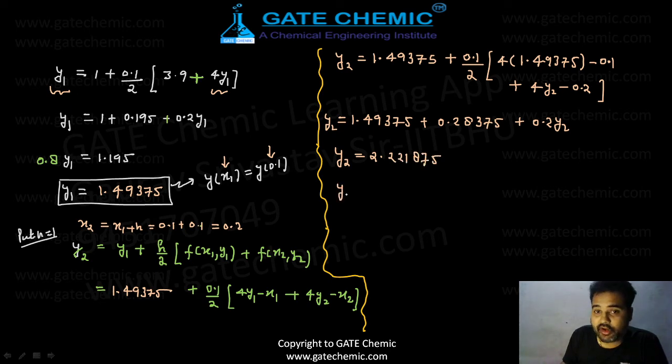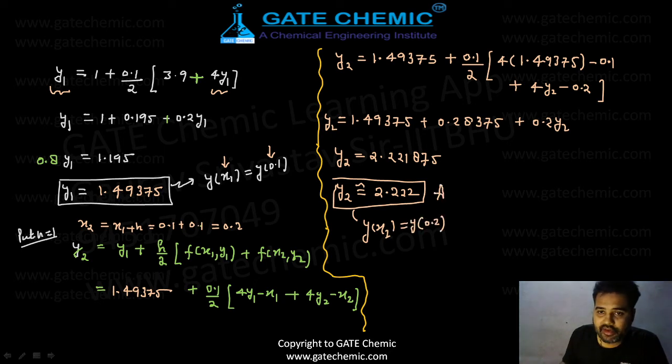Up to 3 decimal place. In this type of questions they will ask you up to 3 decimal place, so you have to write 2.222. So this is the value of y at x equals to x2. And what is the value of x2? x2 is 0.2. That is our answer.